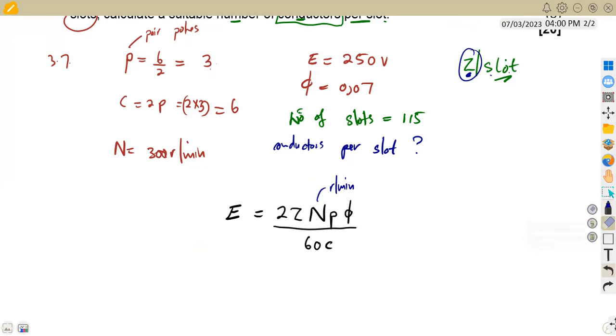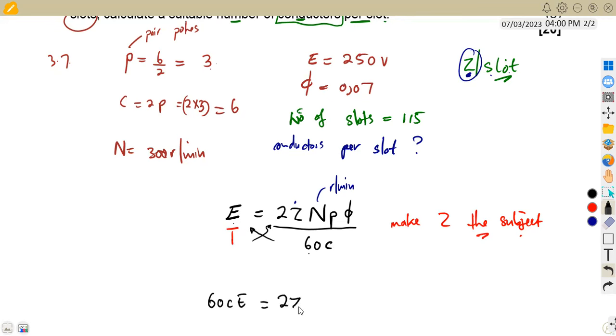So what we need in this case is to focus on Z. So let us make Z the subject. Remember I said change of subject is the core part of our syllabus. So we're going to make Z the subject of the formula. That means we can cross multiply since this is over 1. So 60C is going to multiply this side. If we multiply 60C times E, we are going to have 60CE, which is equal to 1 times this part, 2ZNP times flux.